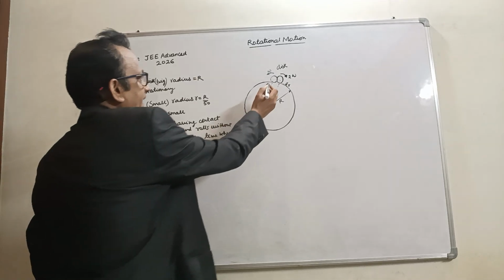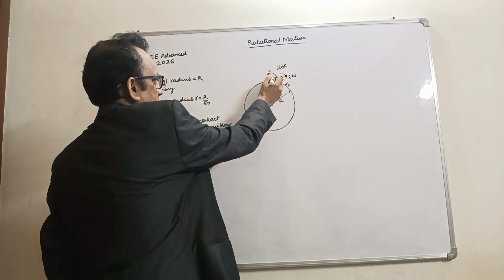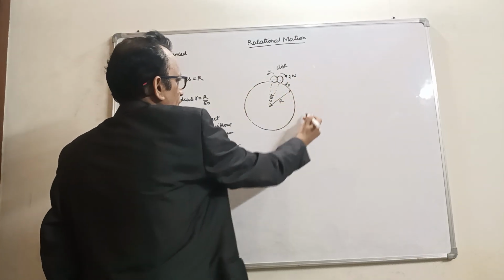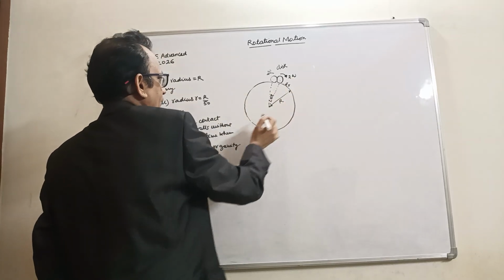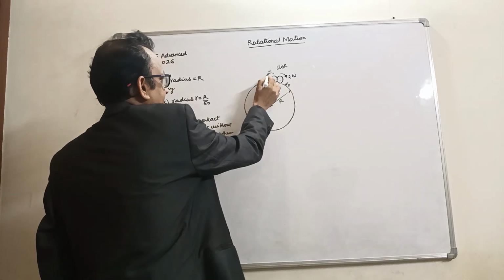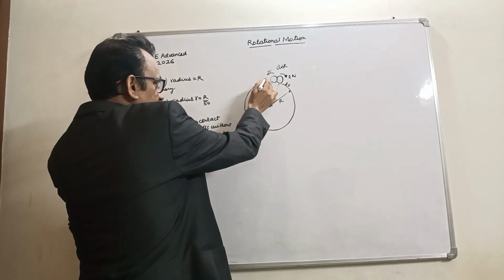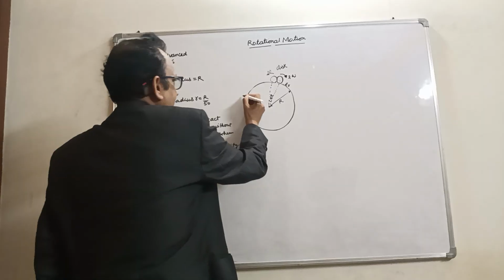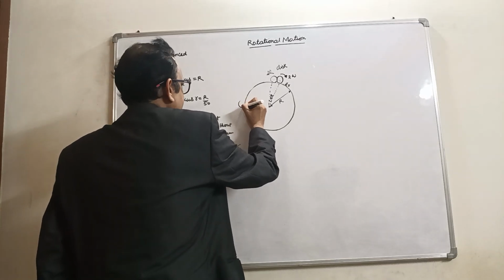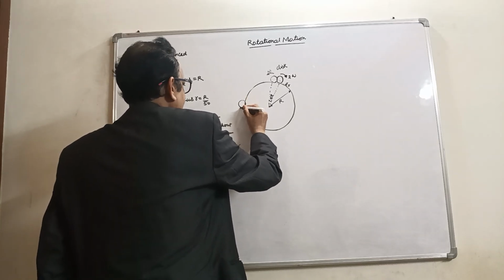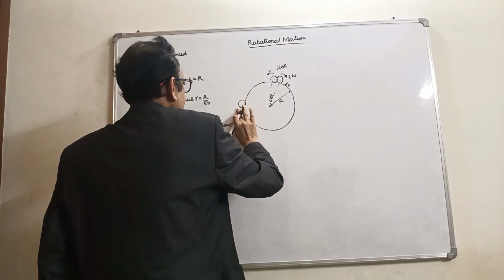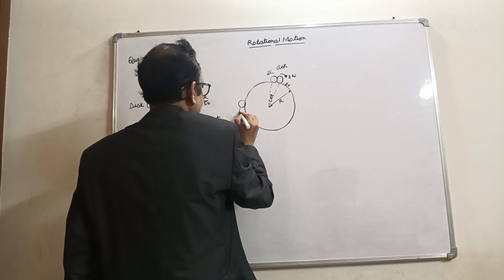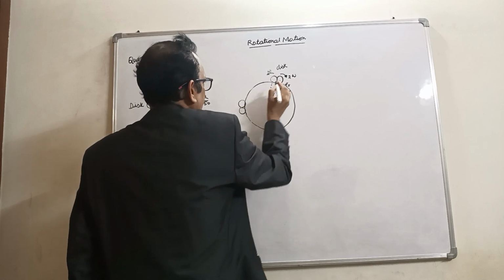So this small disk is rotating with angular velocity omega, and this disk is rotating with 2 omega. So this disk travels the least path in comparison to the other disk by the time they meet. Suppose this disk reached here at that moment, and the path traveled by it would be this.